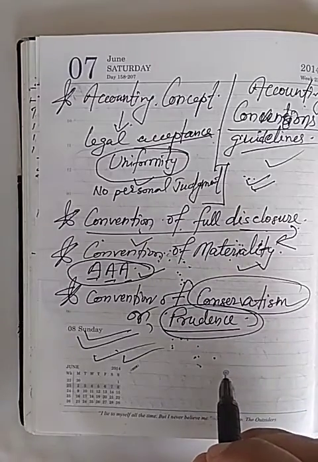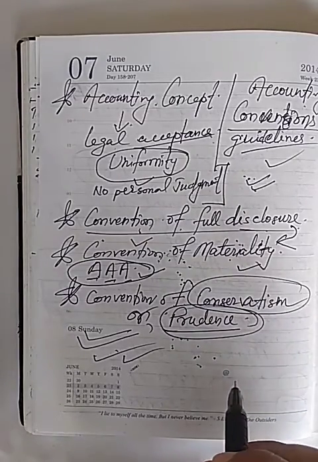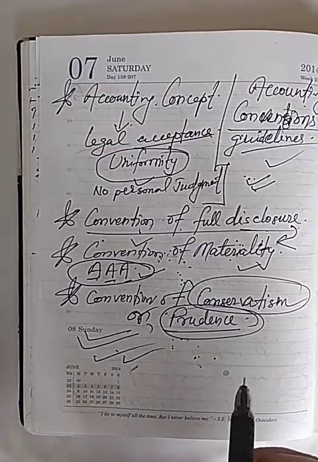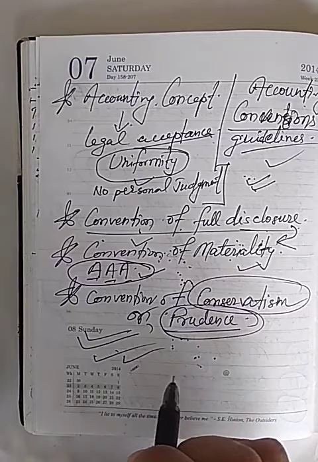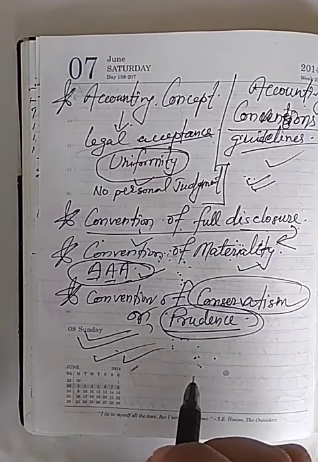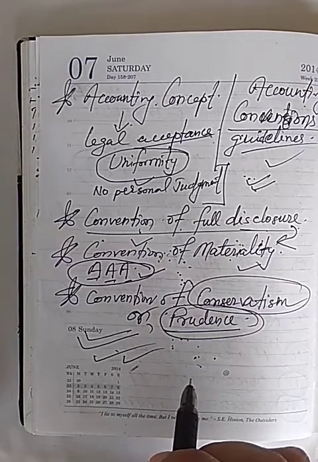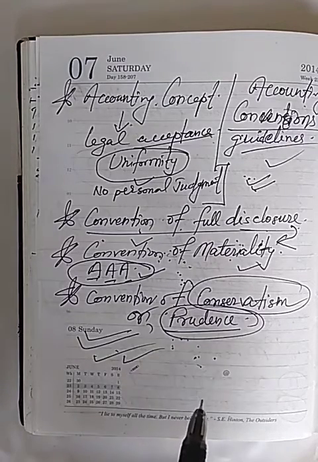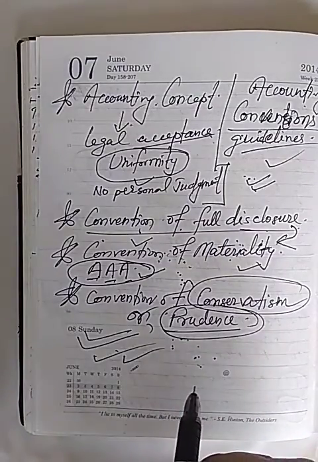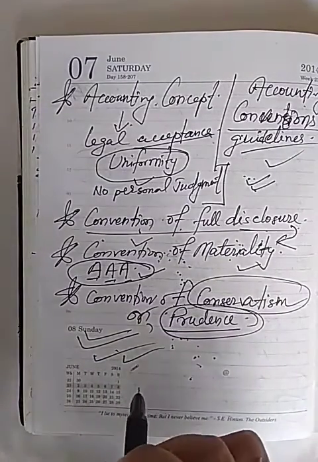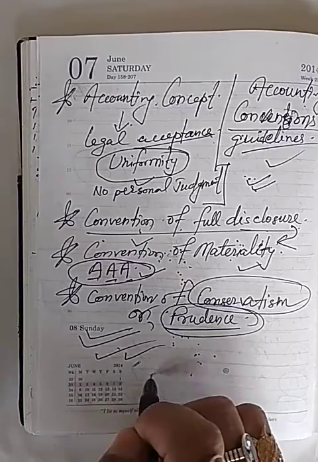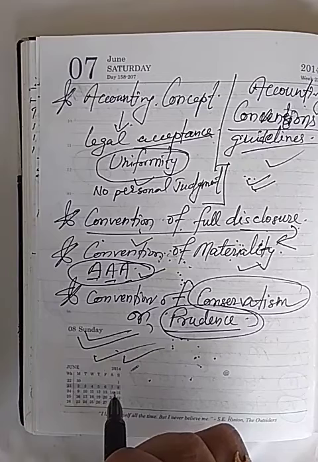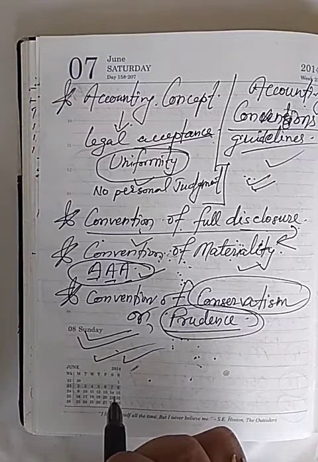Provision is made for all known liabilities and losses, even though the amount cannot be determined with certainty. Likewise, when there are different alternatives for recording a transaction, the one having the least favorable immediate effect on profit or capital should be adopted.